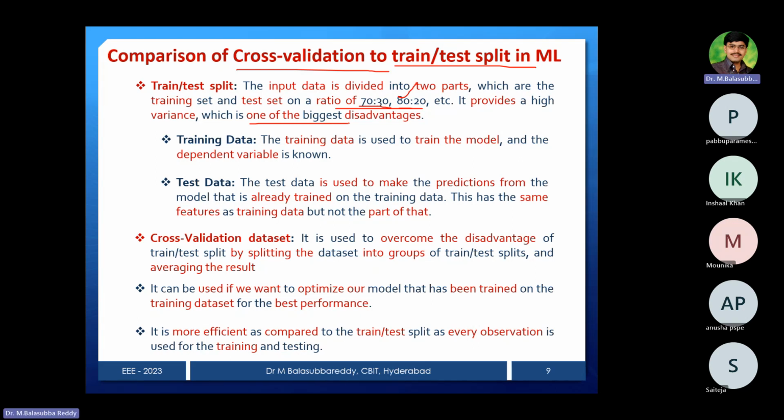In the case of train/test splitting, some portion is completely missed. Suppose 20% is taken for testing. Even though we mix the data and take out the 20%, there are a lot of approaches for how to split the data.